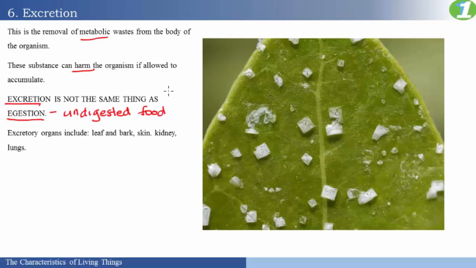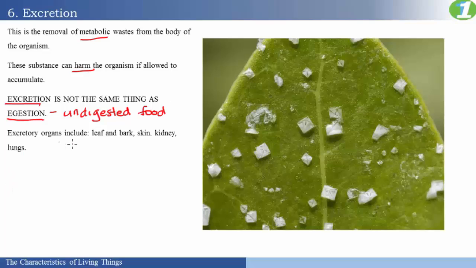So when we consume food and the food substance is broken down in the stomach during digestion, whatever the body cannot digest will pass out through the anus, and that is egestion. Since it has passed out and it was not broken down, it could not have participated in any metabolic reaction, and so that waste material wasn't excreted, it was egested.